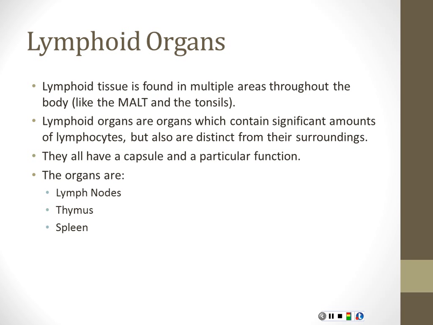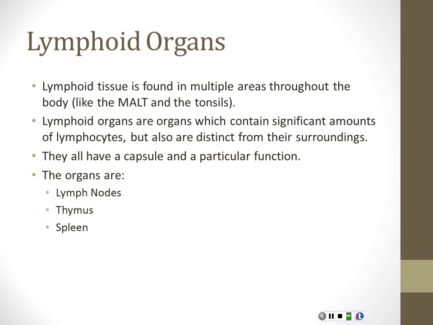And typically an organ has a boundary, or a capsule. In other words, under the microscope you can see where one kind of organ ends and something else begins. Now there are exceptions to that, like the bone marrow, but the lymphoid organs all have a capsule. In other words, they're separated from the surrounding tissues, so they're easy to tease apart from the surrounding tissues.